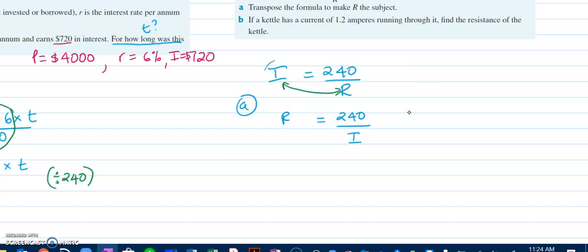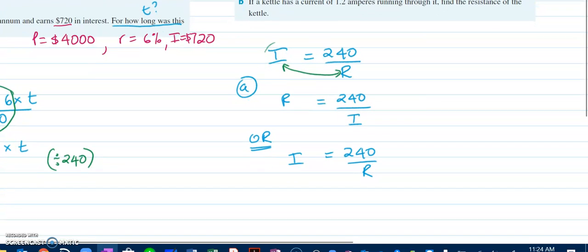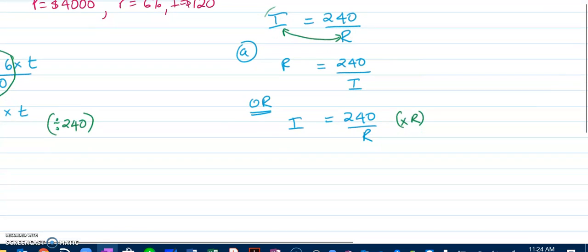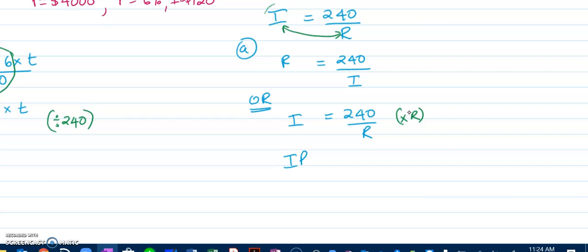So I'm going to do the second method, which is I equals 240 over R. Because our R is in the denominator, to get rid of that, we multiply by R on both sides, and we end up getting IR is equal to 240.